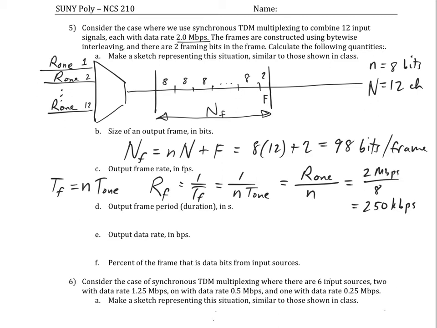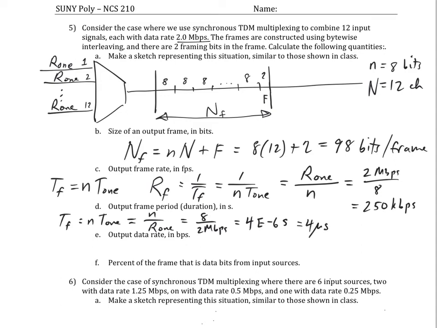Okay, so we just calculated the frame rate, but we got that starting with the frame period. And so we have that frame period here. T_F is n times T1, but we don't have T1, we have R1, the rate. So this is going to be n over R1, which is 8 over 2 megabits per second, which is 4 times 10 to the minus 6 seconds, or 4 microseconds.